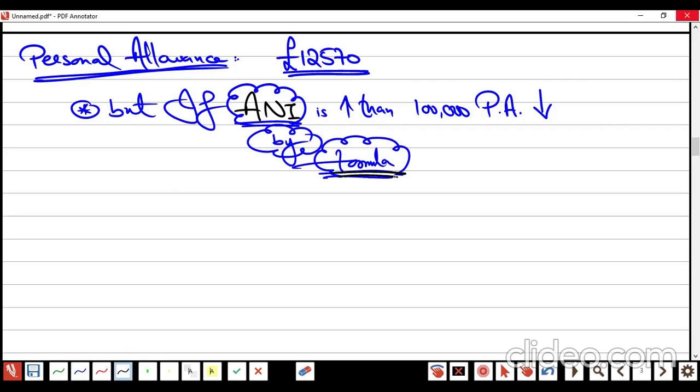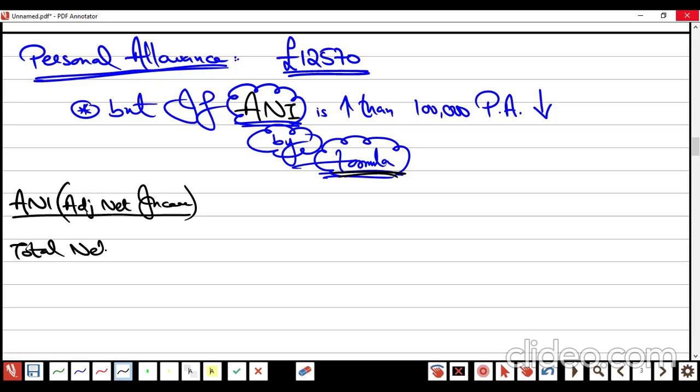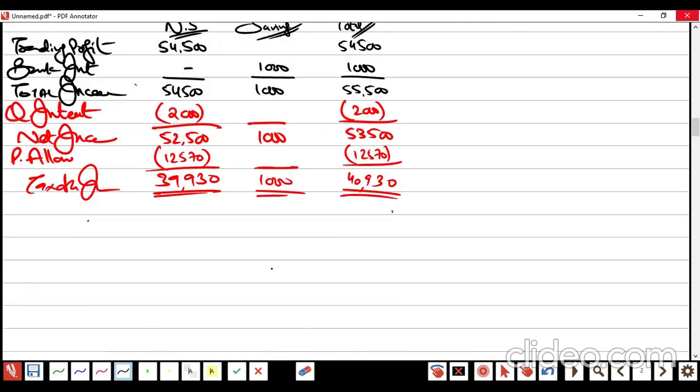So the formula will come now, but before it, what is ANI? ANI is adjusted net income, right? To compute it, we will take total net income from the total column. Just now go up.